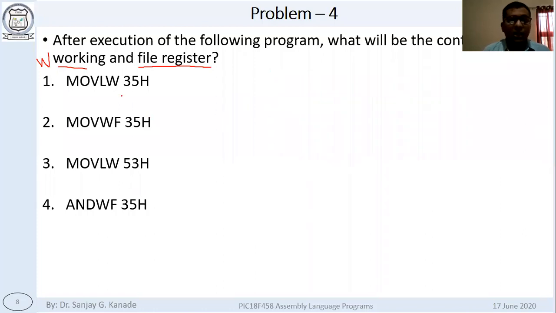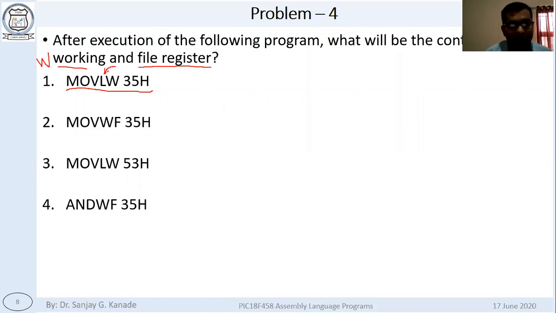So what is this first instruction doing? Remember, we have seen all these instructions. I'm not introducing any new instruction right now. We have seen all these instructions in our earlier lectures, and that's what the problems are based on. So MOVLW 35H. What will this instruction do?